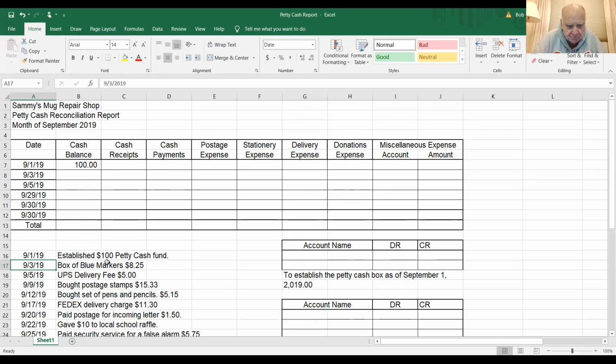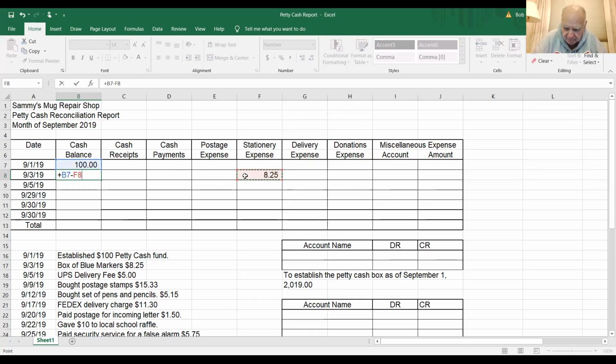But here, we bought some blue markers for $8.25 on the third. Well, $8.25, that looks to me like that is stationery. So we come up with our new balance. It would be 100 minus 8.25. And I guess that would be 91.75, if I did that right in my head. 91.75. Next transaction was the UPS guy. $5.